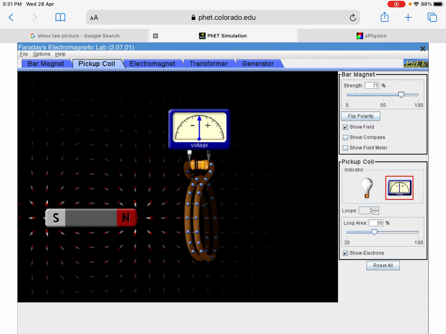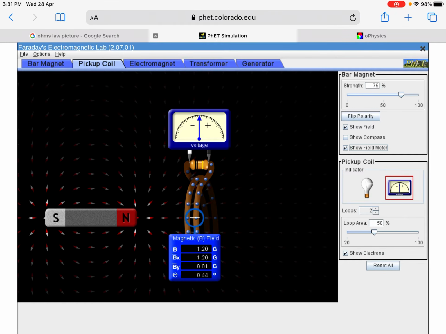So this is a coil of wire connected to a voltmeter. You notice that I have a magnet nearby, but there's no current being induced in the coil of wire. Let me show you the field meter first. Let me measure. Don't need to look at the BXPY and the last part.